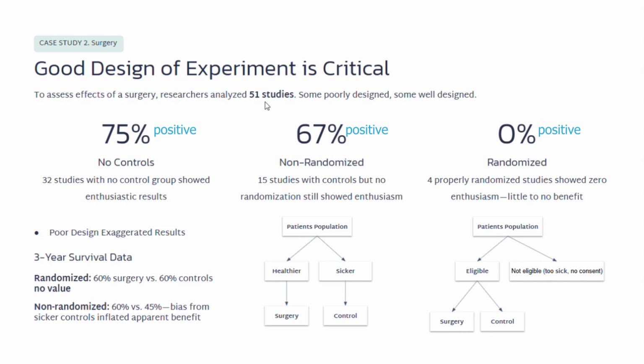So this is a real world case from medicine. 51 studies were done separately by different researchers to assess the effect of surgery. And basically researchers studied all these studies and classified them. Some were poorly designed, some were well designed.